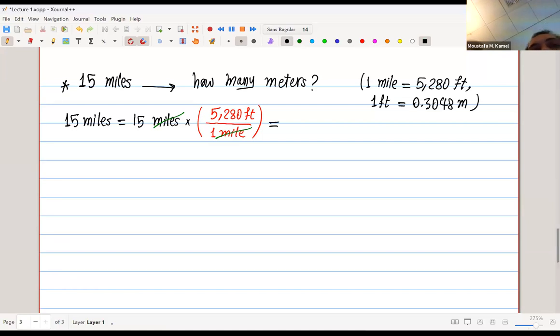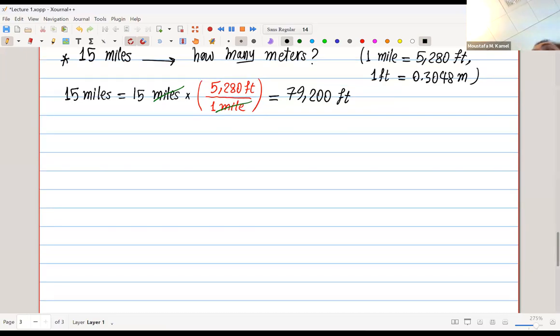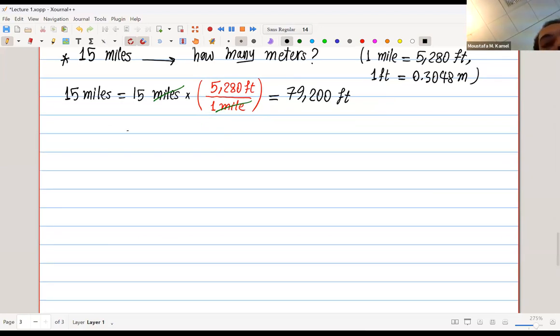So this is now 15 times 5,280, which is, I calculated in the calculator, 79,200 feet. Okay, now I want to go from feet to meter. So again, I play the same trick. I multiply by a conversion factor that has feet in the denominator, so it cancels. So I put 1 feet here, and up I will have 0.3048 meter, because that's equivalent to 1 foot.